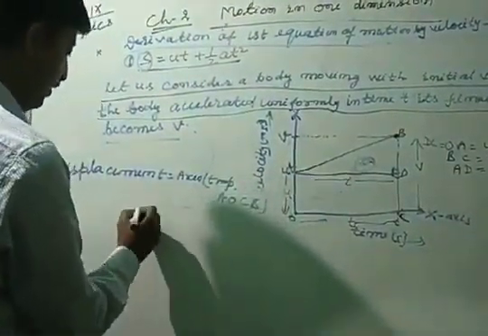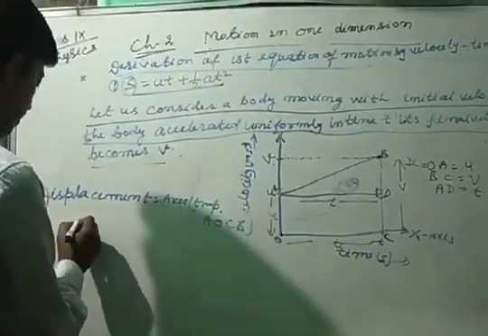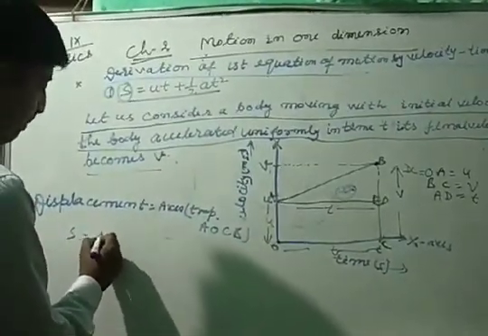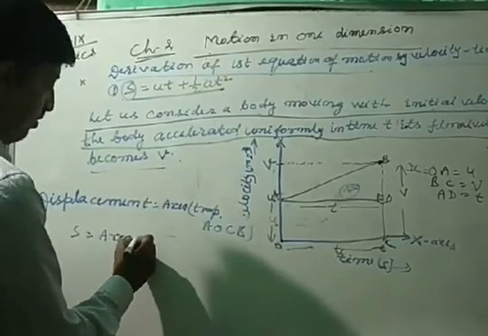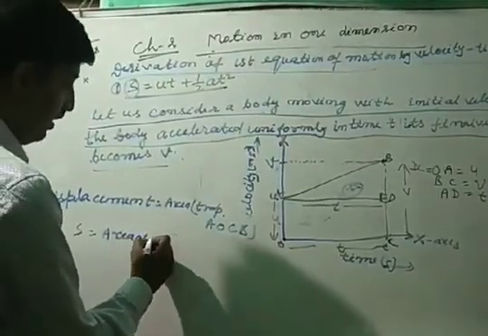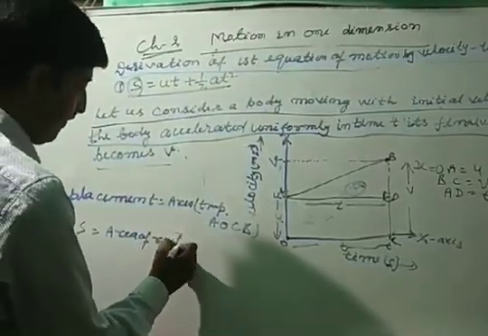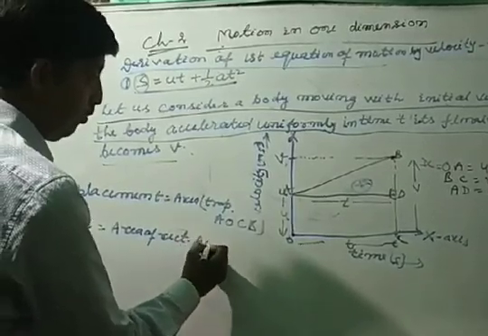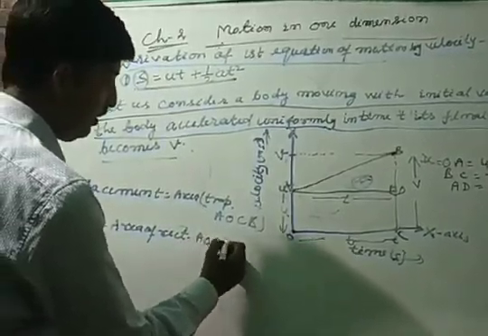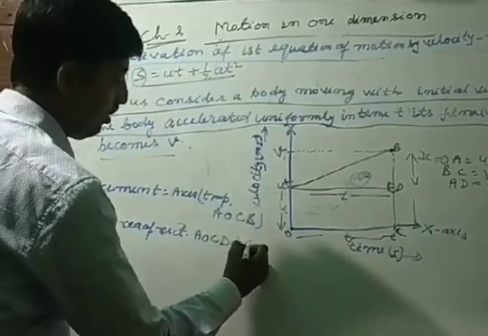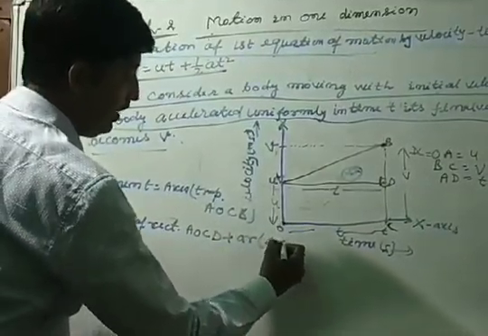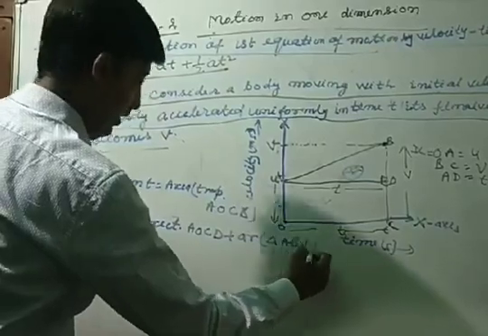The displacement is represented by s. s is equal to the area of rectangle AOCD plus the area of triangle ABD.